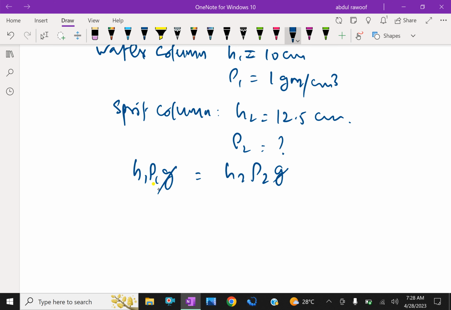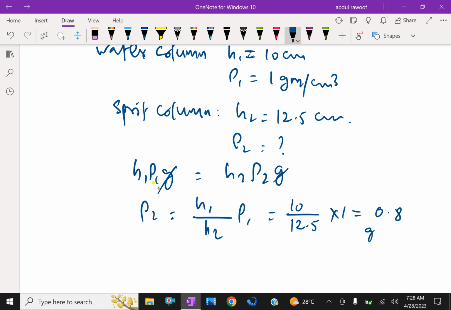Here g is cut on both sides. Therefore, rho 2, the density of spirit we have to find, is equal to H1 over H2 into rho 1, which is 10 by 12.5 into 1, which is equal to 0.8 gram per centimeter cube density.